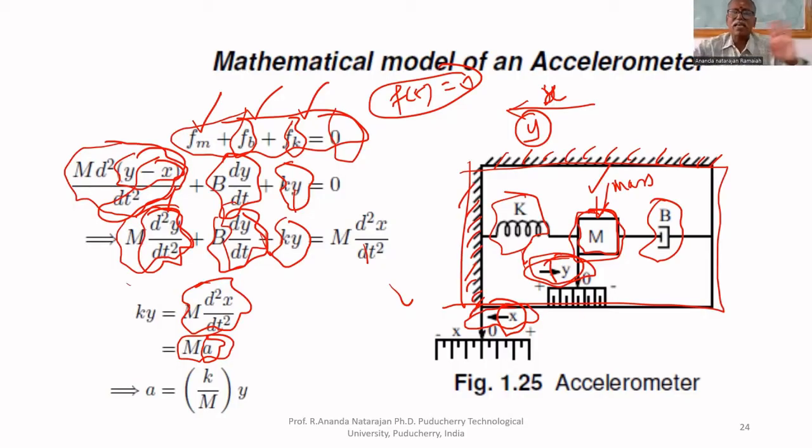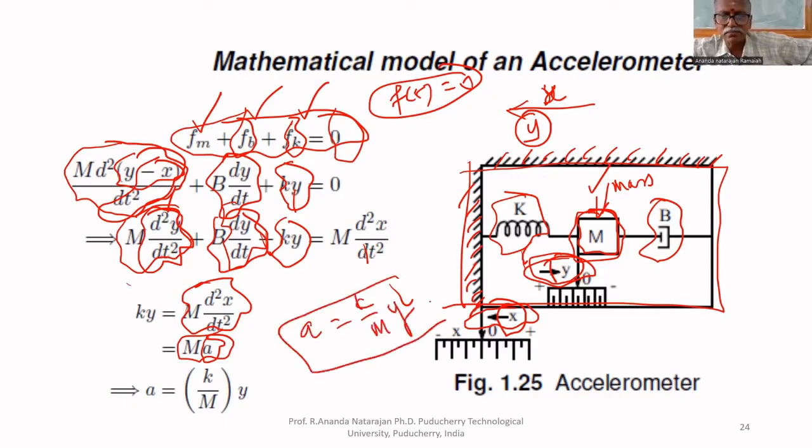If you assume like that, only ky is there. Therefore, ma equals ky, or a equals k by m multiplied by y. Therefore, constant acceleration is equal to k by m multiplied by y. If you know y, you can find the acceleration.